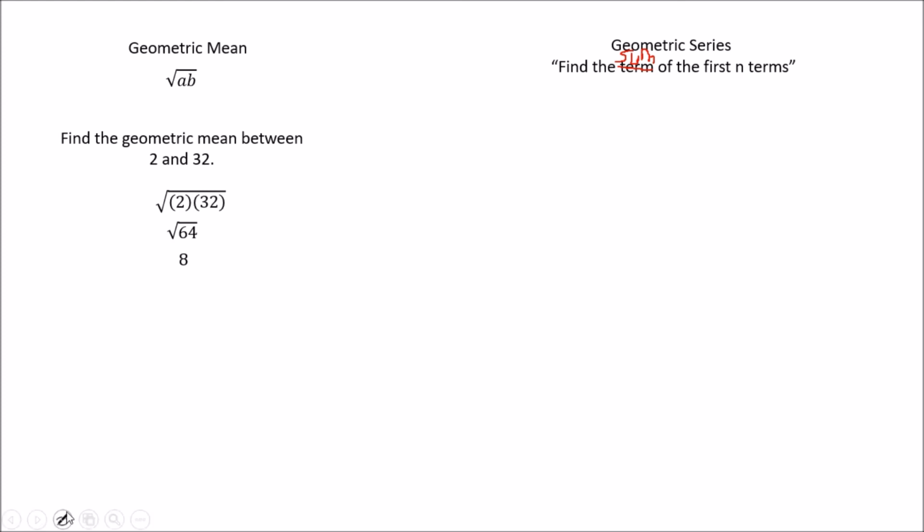And so to do this, we have an equation, just like we had an equation for arithmetic series. Yesterday I said, yeah, use the equation, and people were like, wait, there was an equation? Yes, there's an equation. This is the equation. Pay attention to it. It's going to be the first term times 1 minus r to the n, divided by 1 minus r. And so we just need two things. We need to know the first term, and we need to know the ratio, and the number of terms that we're adding together. That would be an important piece as well.